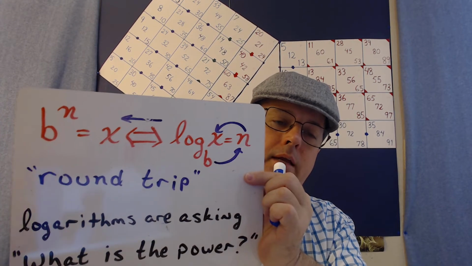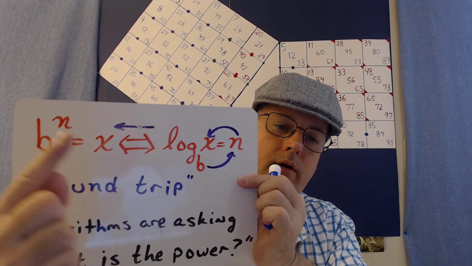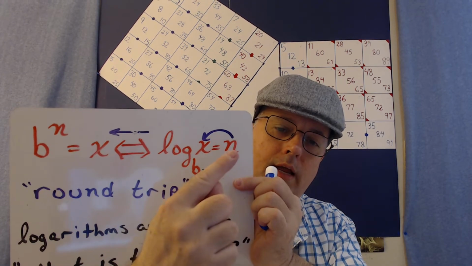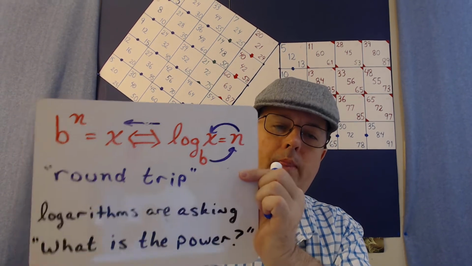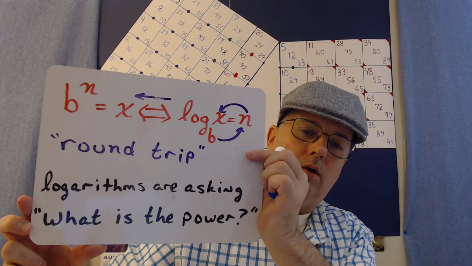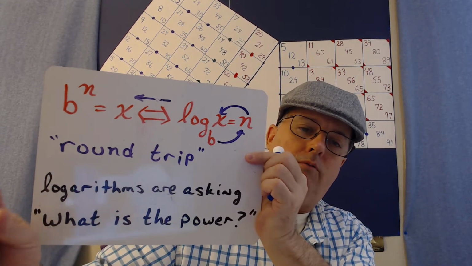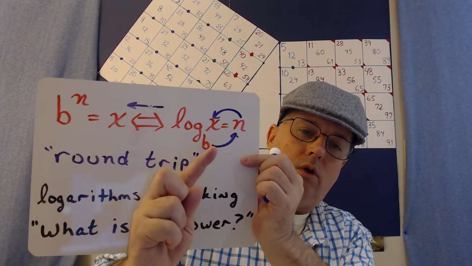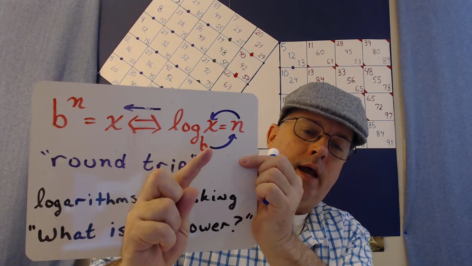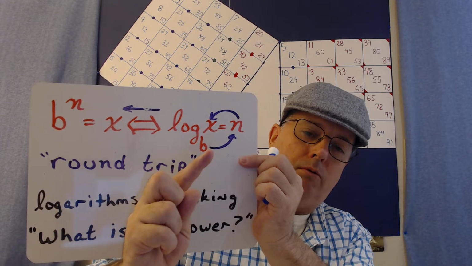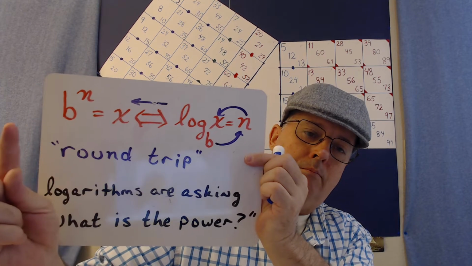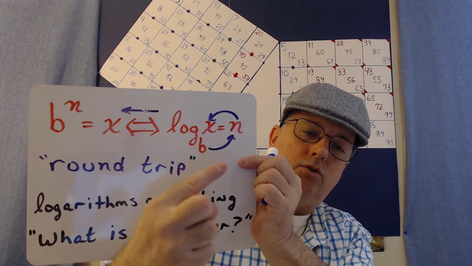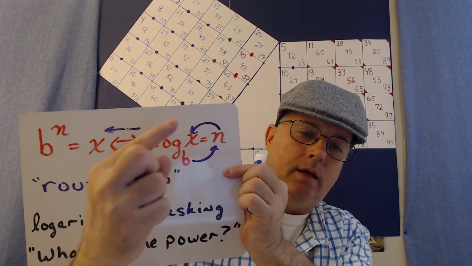And since b to the n power is x, then the log base b of x is n. That's the overall property of logarithms, that you can change from an exponential expression to a logarithmic expression, and then go back from a logarithmic expression to an exponential expression, just by following this round trip, b to the n equals x.